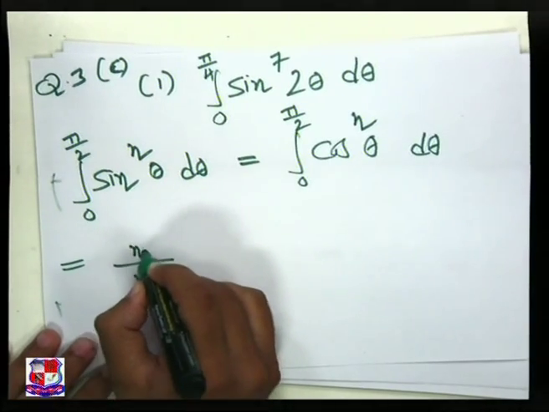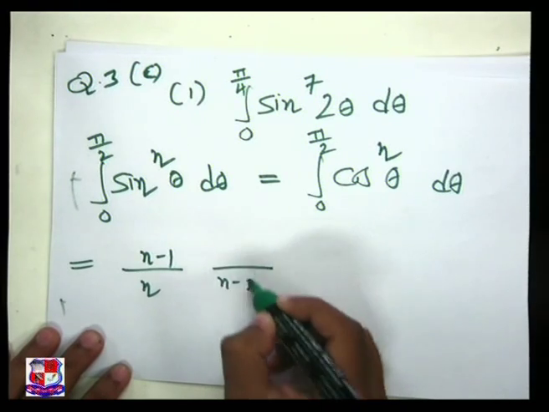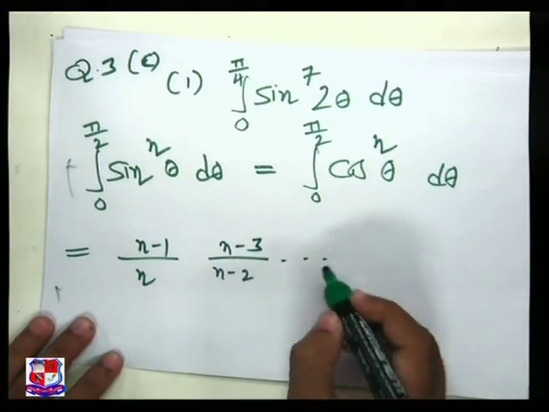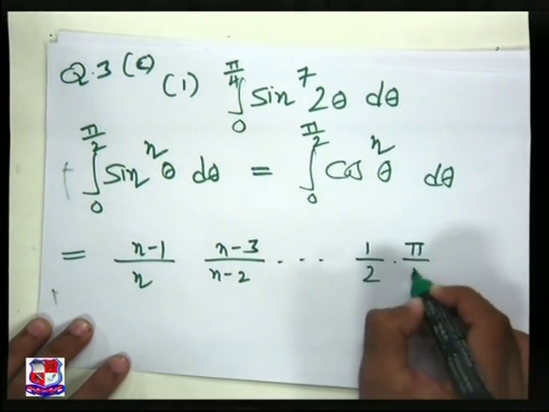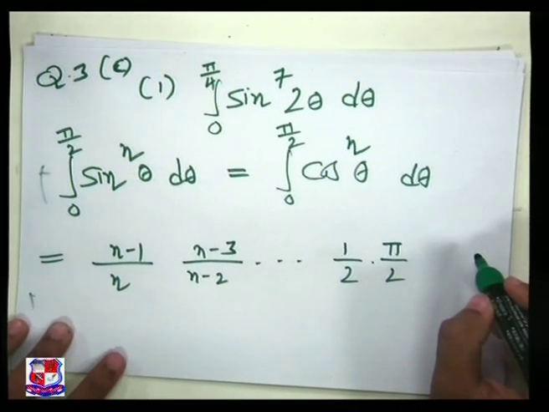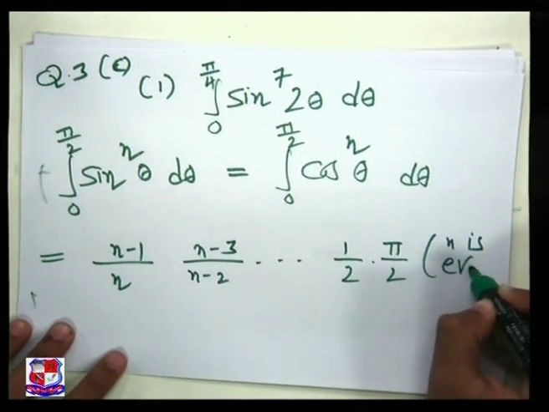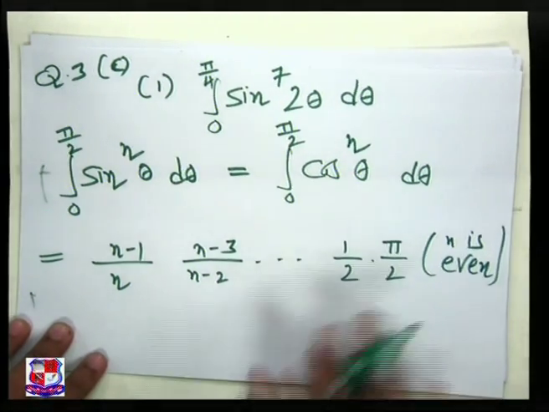That is equal to (n minus 1)(n minus 2) and so on, up to 1 by 2 into pi by 2 if n is an even number.